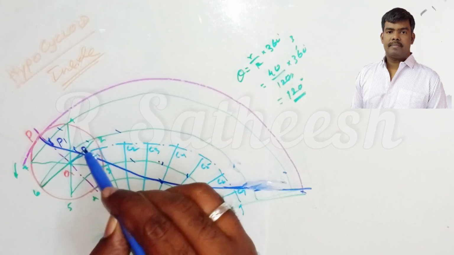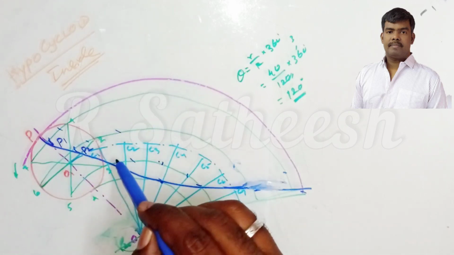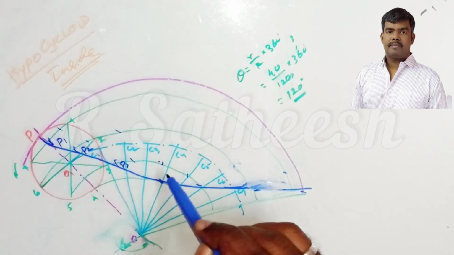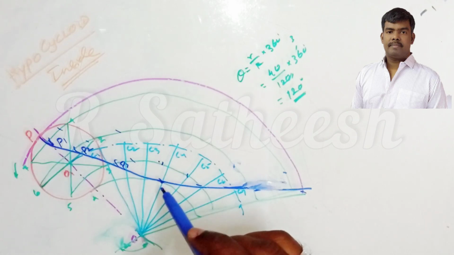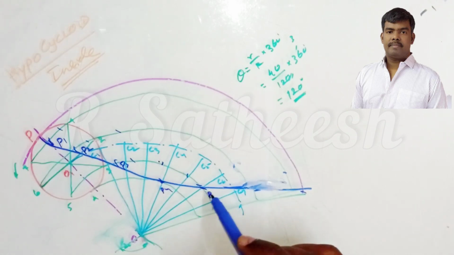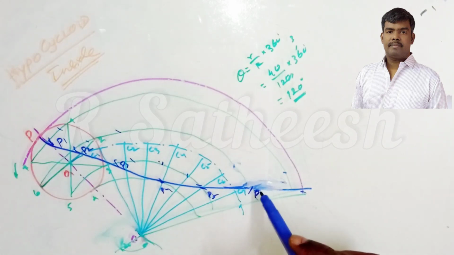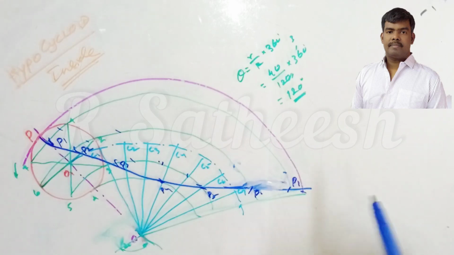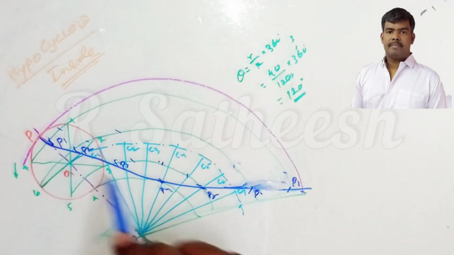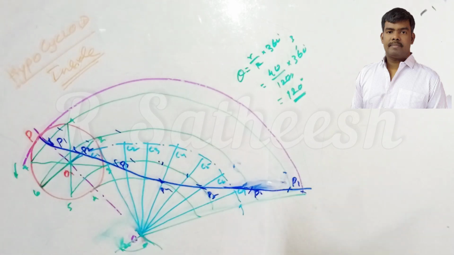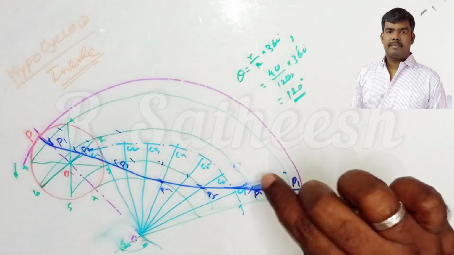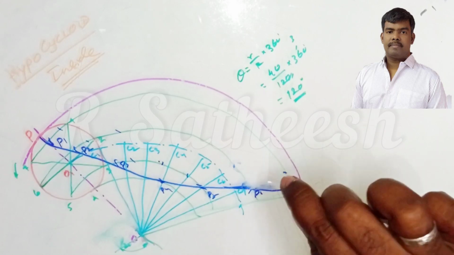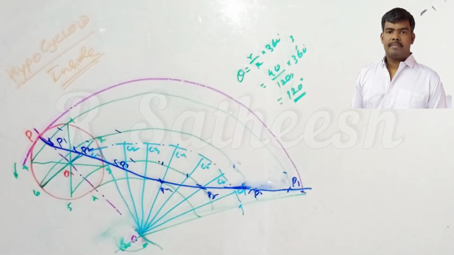This is P1, this is P2, P3, P4, P5, P6, P7. So now the curve comes like this. Clear? This one is the hypocycloid curve.